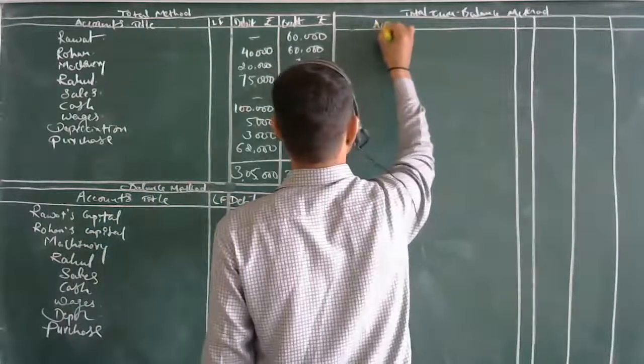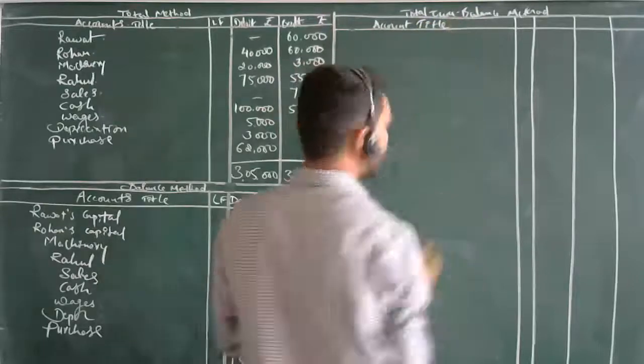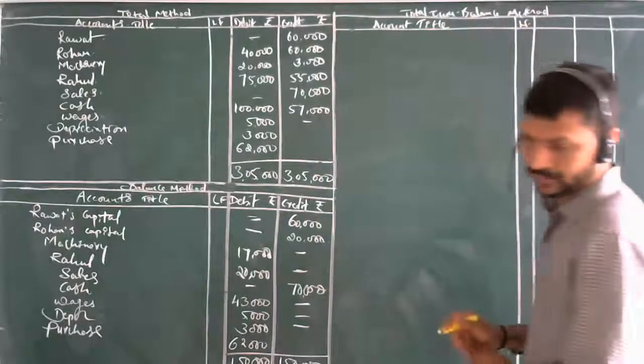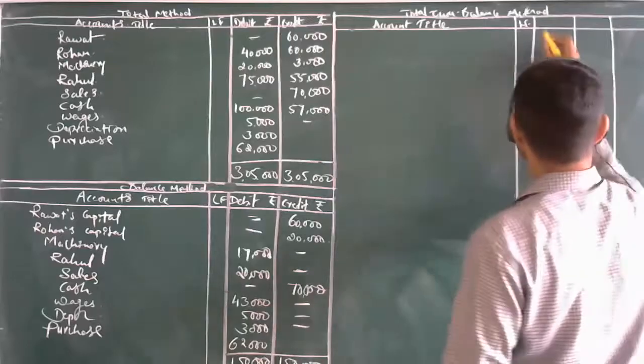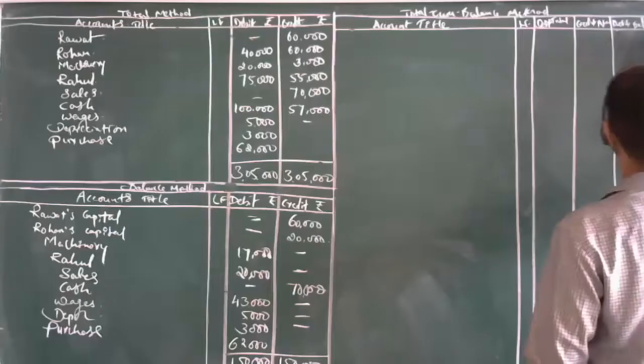So in this account, as usual, account title, then ledger folio as usual. Next we are going to take debit total, credit total, then debit balance, credit balance.